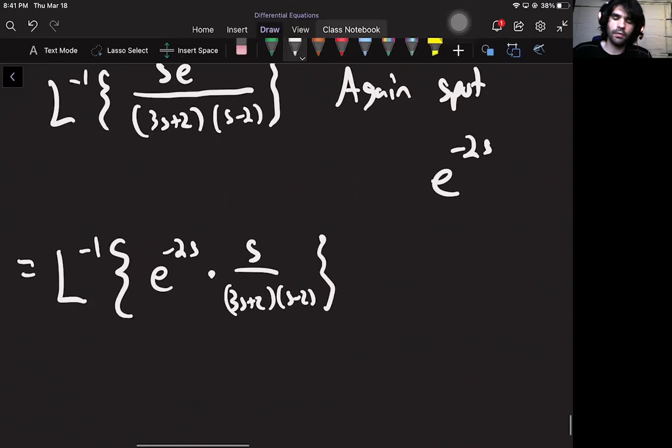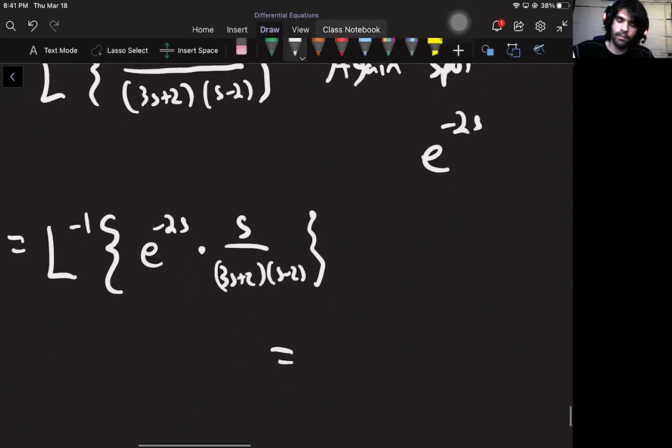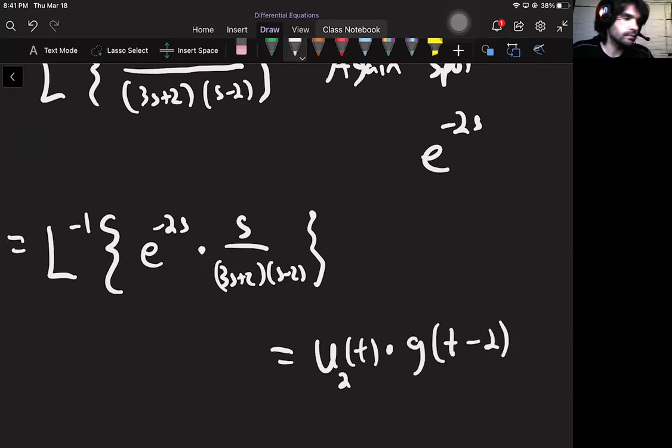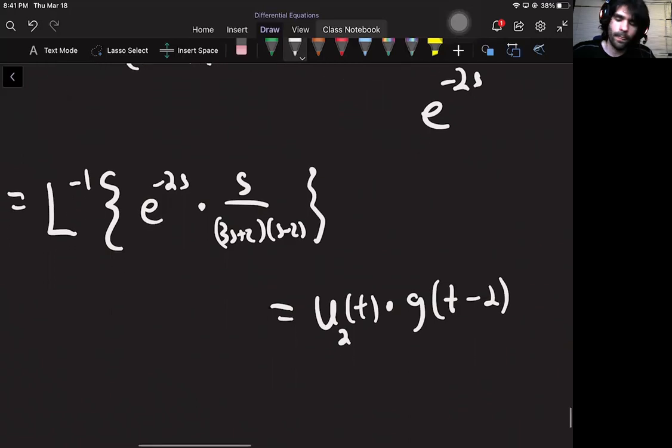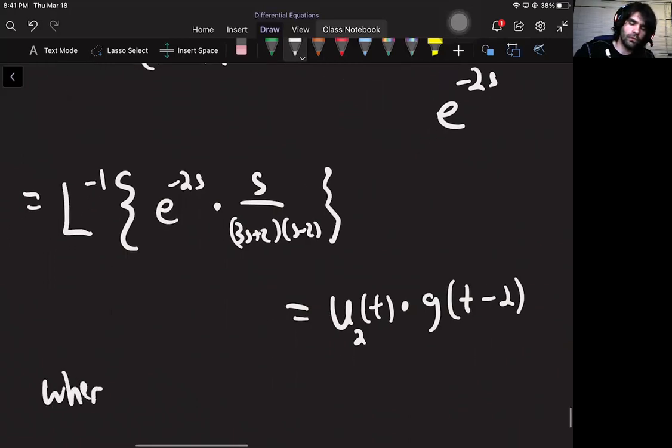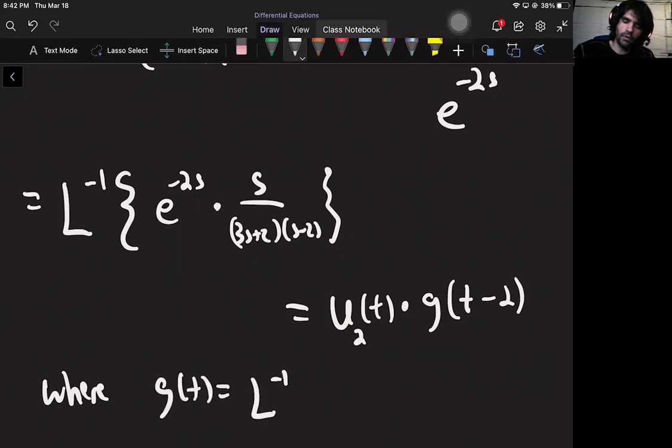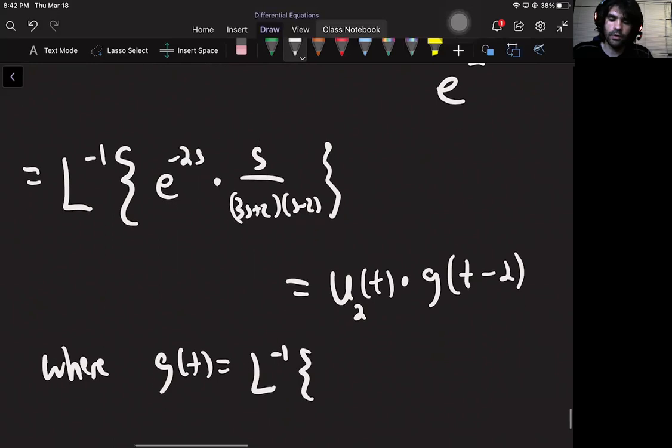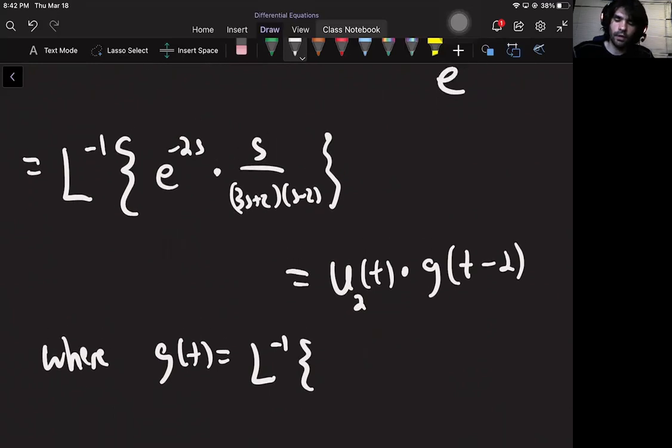And so then the idea is we automatically know, because of how the Laplace transform works with step functions, that this is the step function starting at 2 times some function shifted by 2, where the function that's shifted by 2, we don't know, but we do know that its Laplace transform is this stuff.